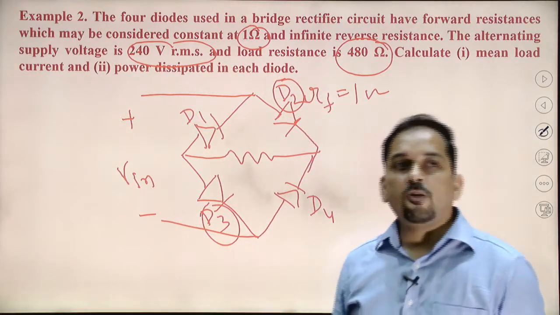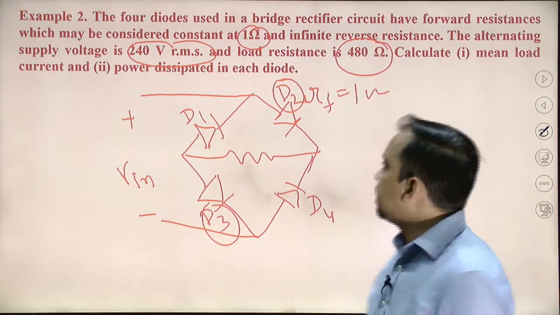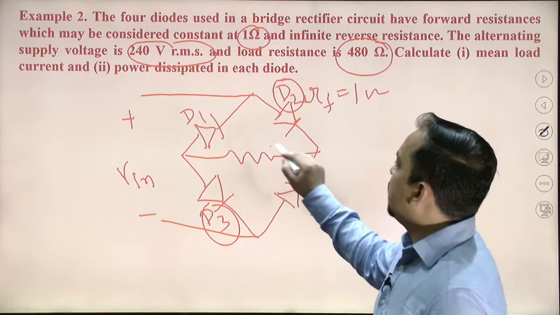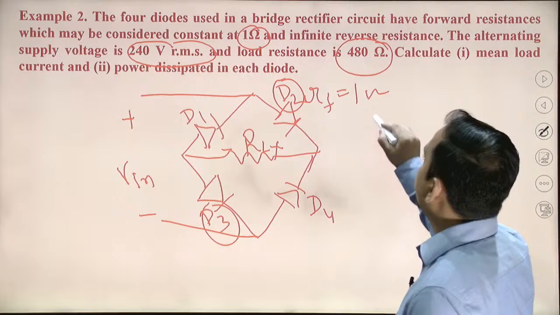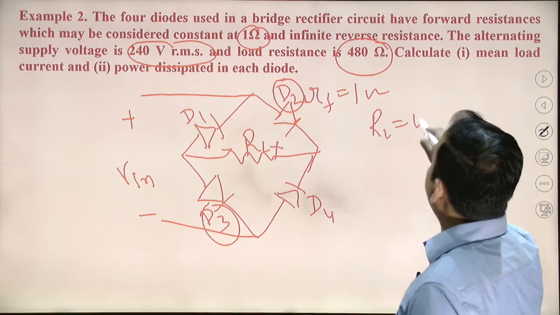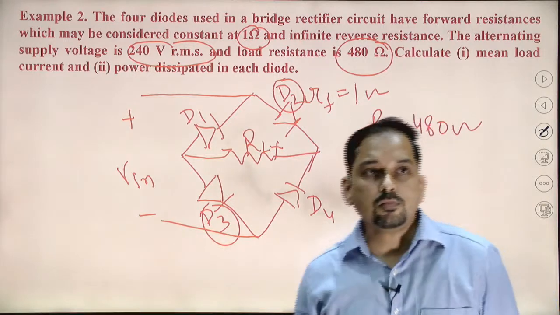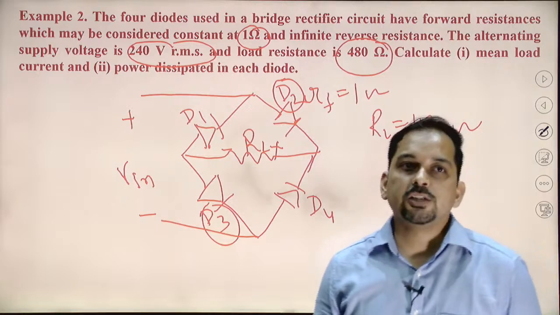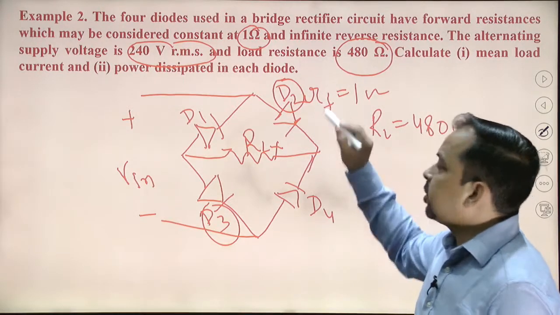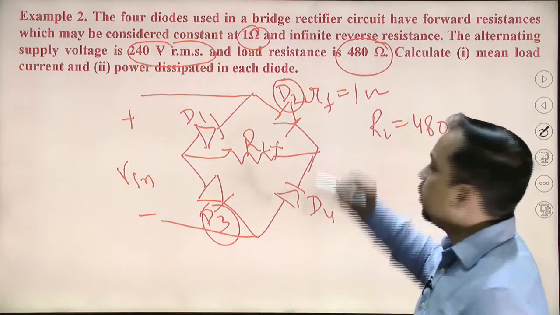In the forward bias, in the positive half cycle, we get a resistance which is 2 times RF, and the load resistance, let's say RL, is given as 480 ohms. So during the calculation, we will see that the overall resistance will be 2 times small RF plus the load resistance capital RL.